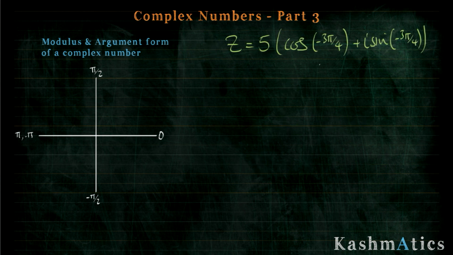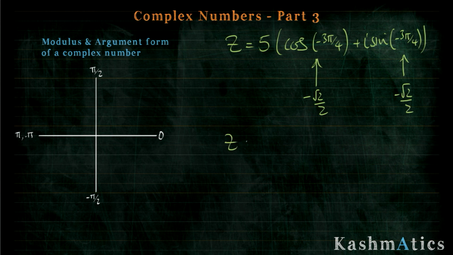So one last one. Again, I'm just going to work out what the cos of minus 3 pi over 4 is. Make sure you do pay attention to the negative signs. If you worked out what this is, you'd find it's minus root 2 over 2, and the sine actually works out to be minus root 2 over 2 as well.